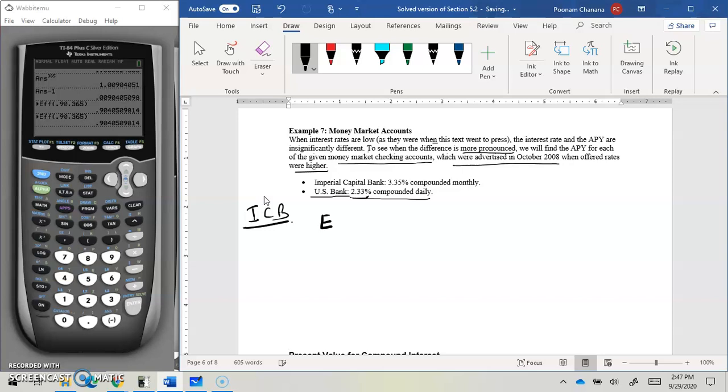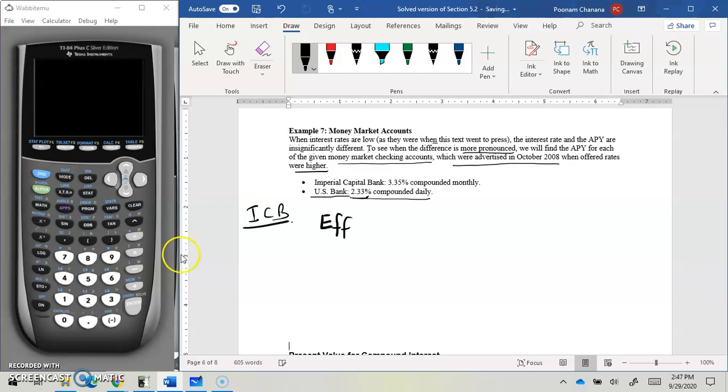How do you calculate the effective rate? I want to show you the calculator. You will use the app EFF. In the first place is always the actual rate which is given, and the second place is the number of times it's compounding, that is monthly, meaning 12 here. So let's use the calculator.